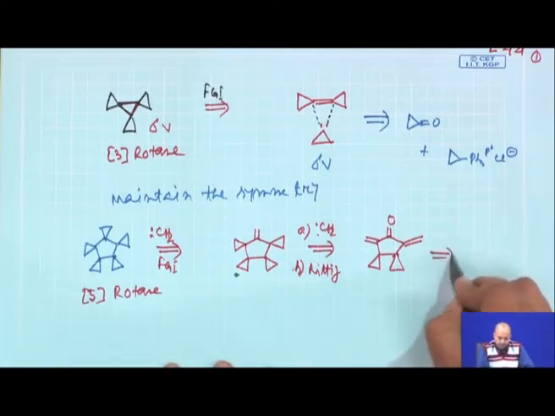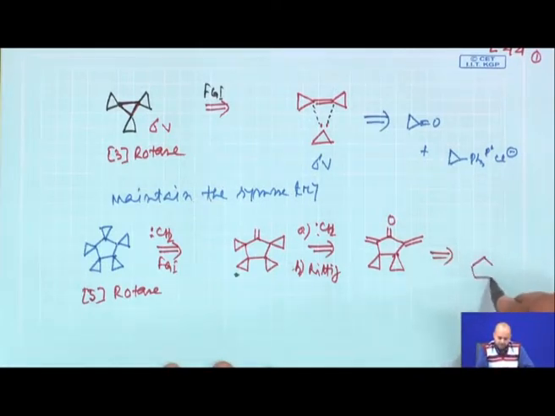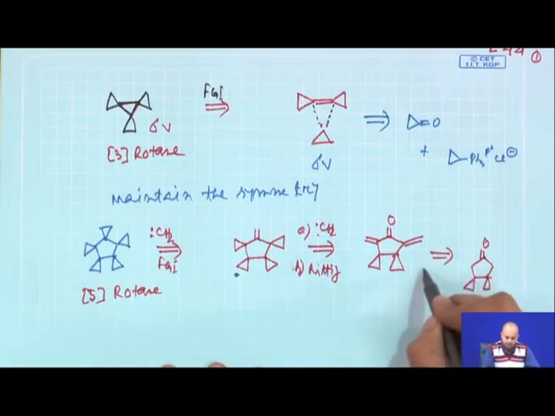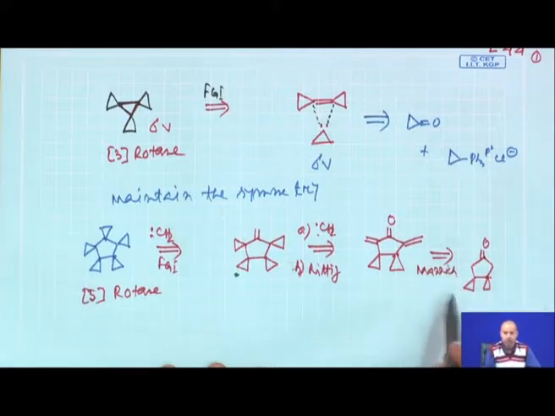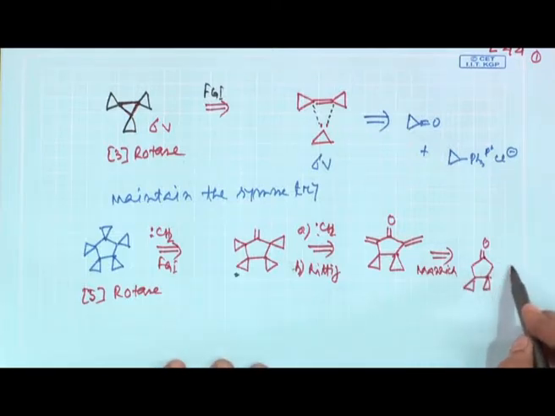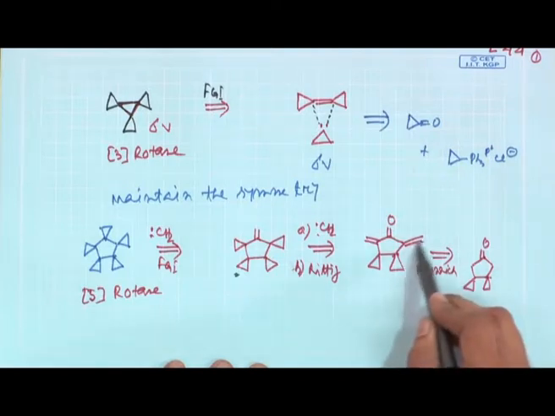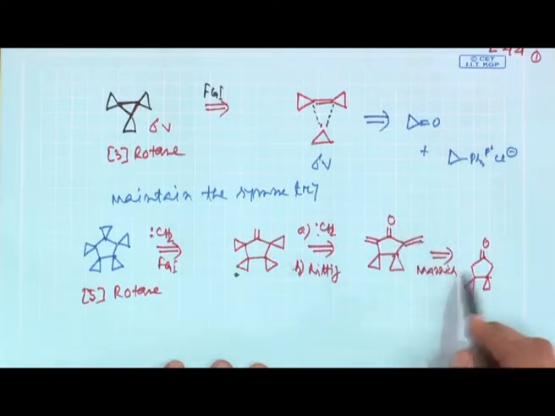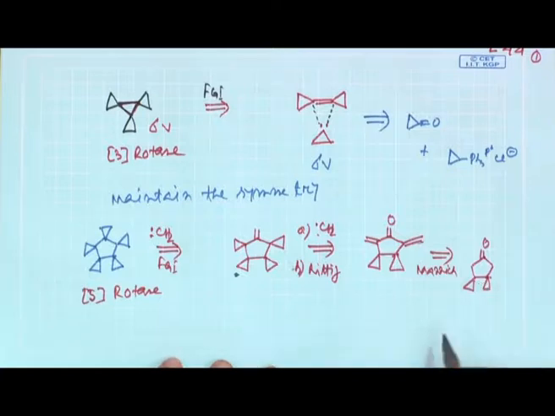Now, we are trying to simplify the structure. This compound can be easily made from this carbonyl compound by a Mannich reaction. We have not discussed the Mannich reaction, but probably all of you know it. You react with formaldehyde and dimethylamine, which gives you CH2NMe2 here, and then you can exhaustively methylate it with methyl iodide and do a Hofmann elimination to get this exocyclic double bond. So, now your compound is here.